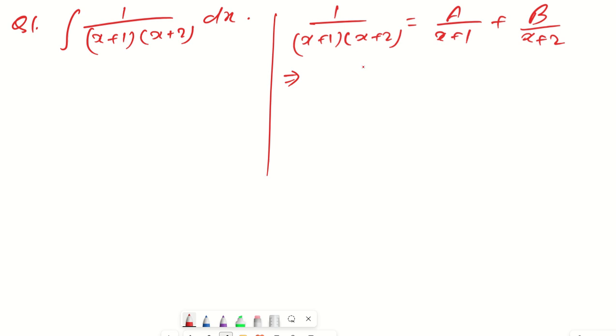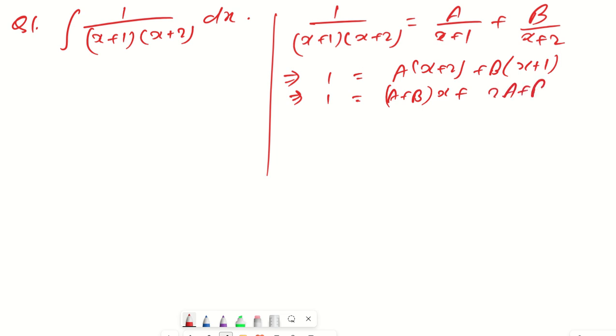You can equate it like this: 1 is equal to A times x plus 2 plus B times x plus 1. There are a lot of methods, I am just giving you one simple one. By doing that we get 1 is equal to A plus B times x plus 2A plus B. Now the coefficient of x on this side is 0 and the constant is equal to 1.